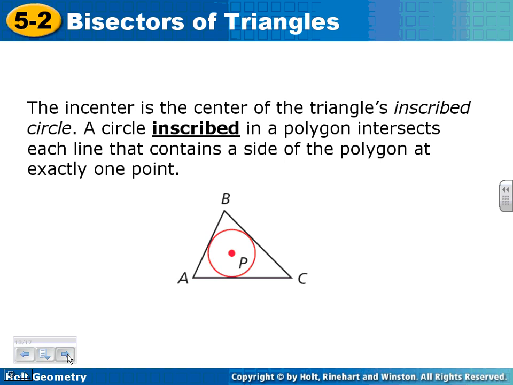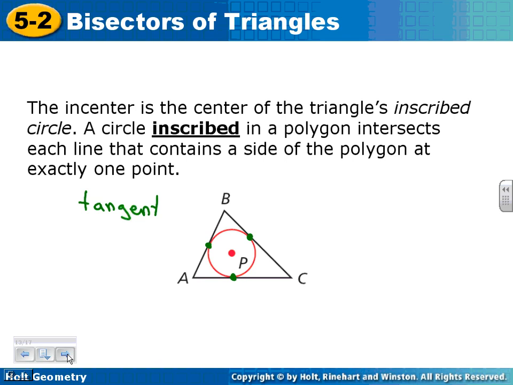A circle inscribed in a polygon intersects each line that contains a side of the polygon at exactly one point. So basically we have some tangents. We have a tangent there, there, and there. So now the circle is inside the triangle. Before we had the word circumscribed and the circle was outside the triangle. So they're opposites here.